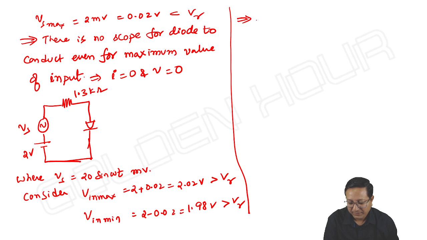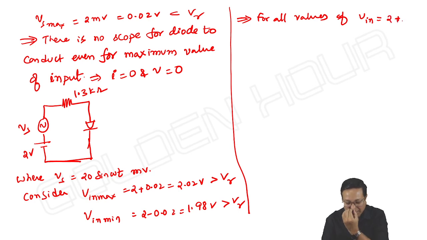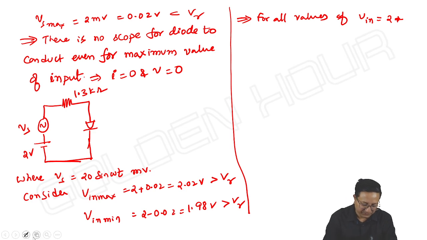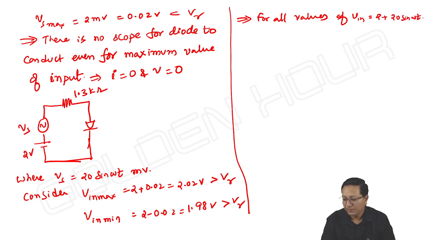This implies that for all values of V input, which is nothing but 2 volts plus 0.02 sine omega t, the diode conducts.